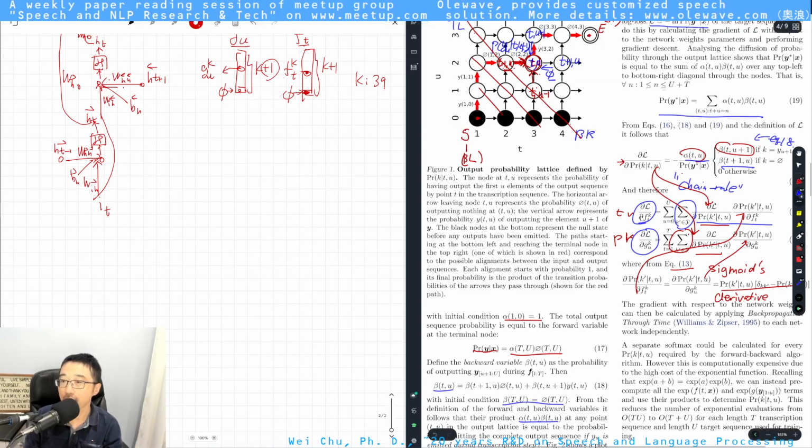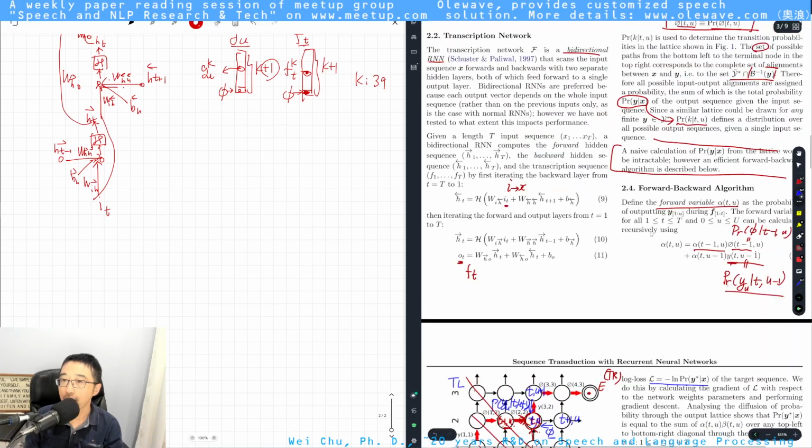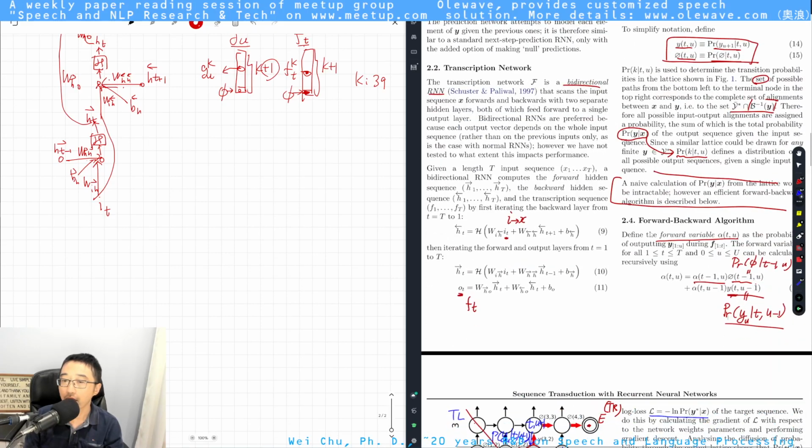And because the prediction vector is defined like this, by applying the chain rule, you can see during the backpropagation, when you get the error at the transcription vector, then you can further run a backprop to obtain the error at the h of t forward and backward, so that you can update these matrices.